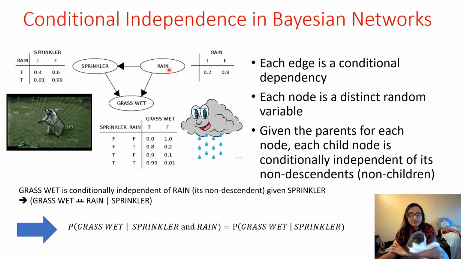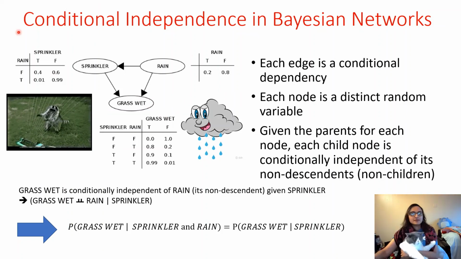So rain is a random variable, sprinkler is a random variable, and grass wet is a random variable, similar to A, B, and C in our example. These are just like Booleans. They can be true or false for their values here. For grass wet, its parents are sprinkler and rain. And for rain, it doesn't have any parents here.